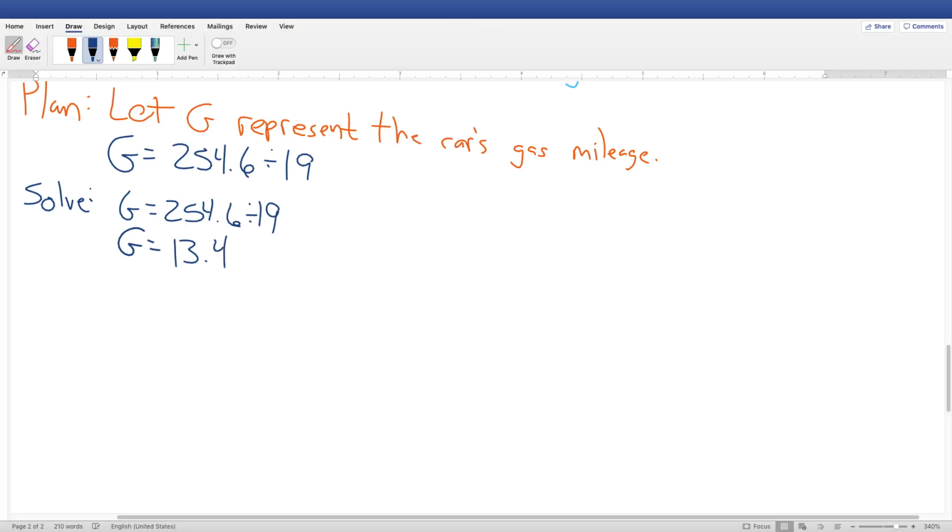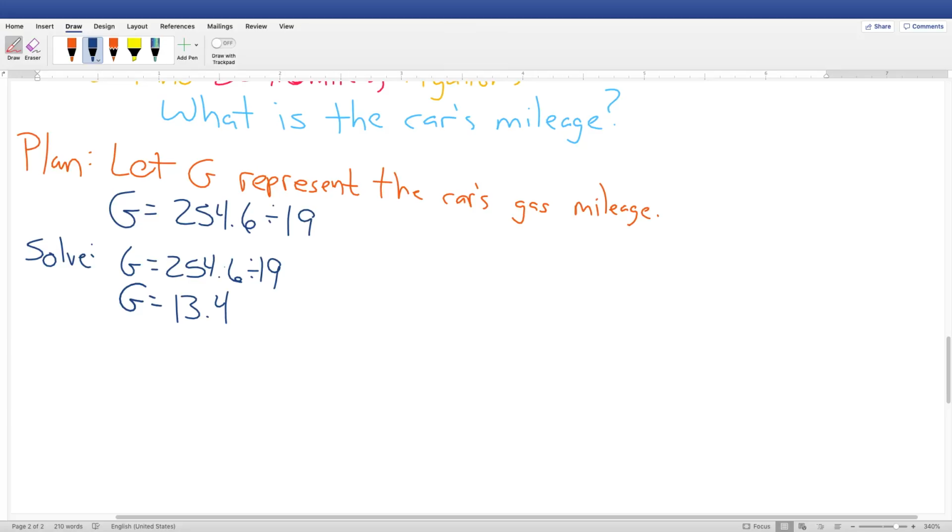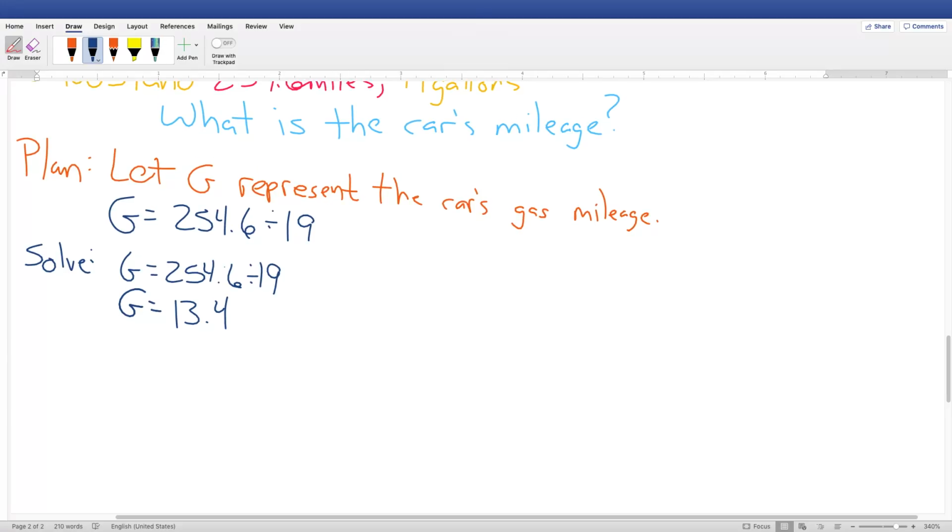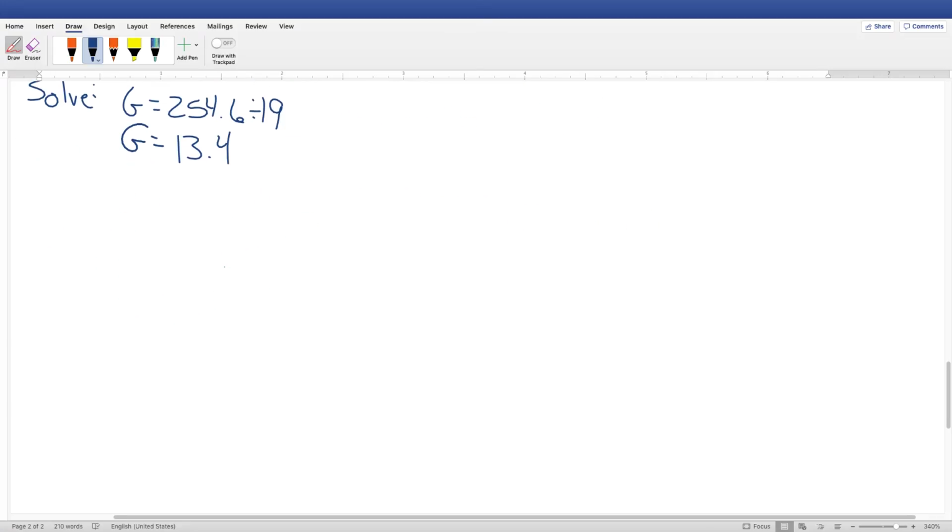What would my label be on this? What's my units? Miles per gallon, because that's what the question asked us. If you go back up, the question we wanted to know was the car's mileage. How many miles per gallon were we getting? So we were getting 13.4 miles to the gallon.